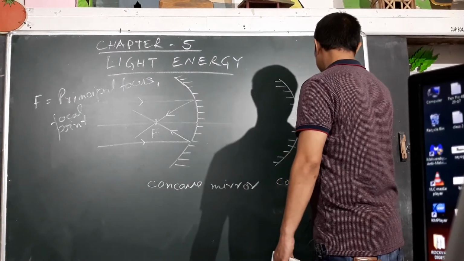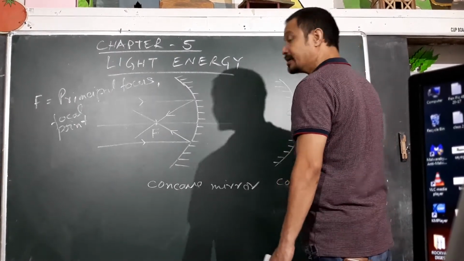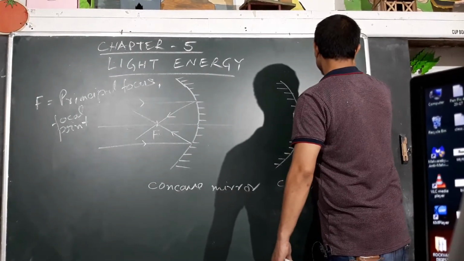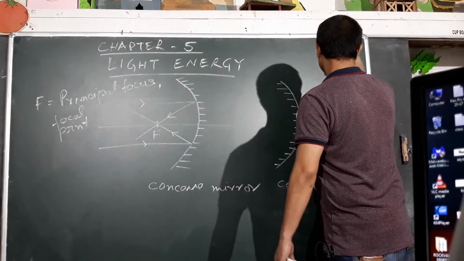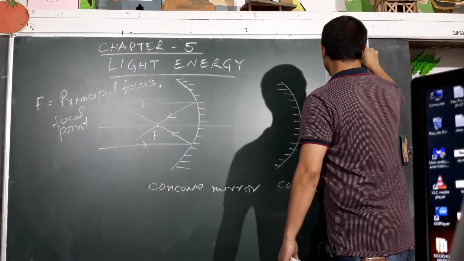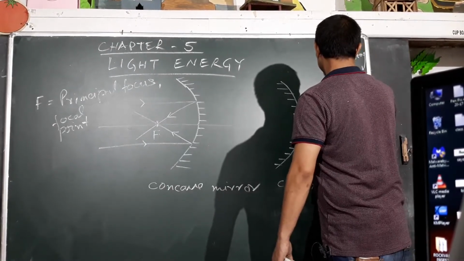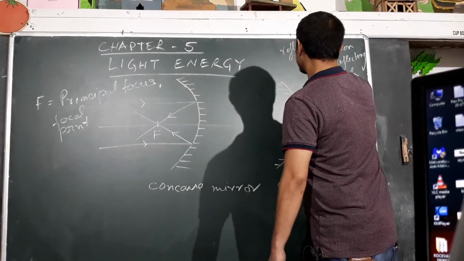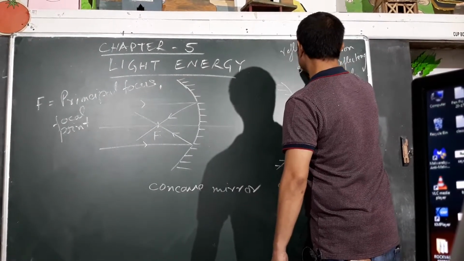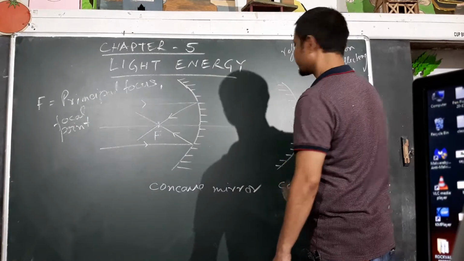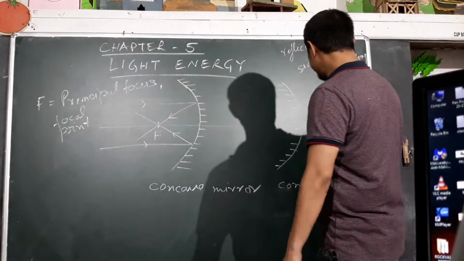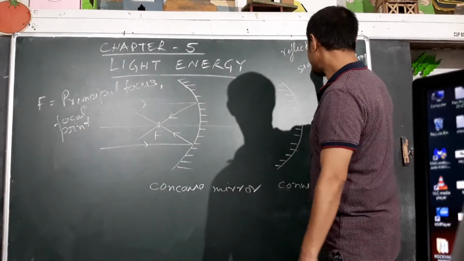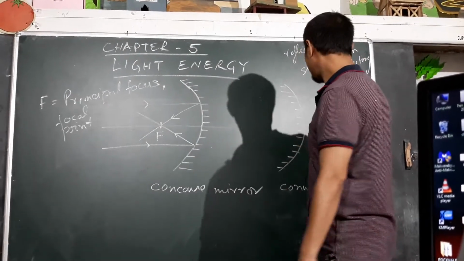This clearly says this is the non-reflecting side, and this is the reflecting side. Why these lines? Because this is silvered, so that this side becomes the reflecting side. This is how we show it.